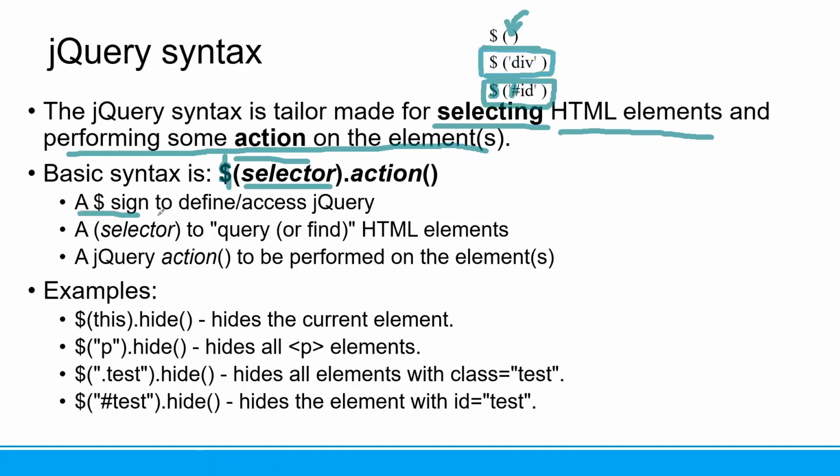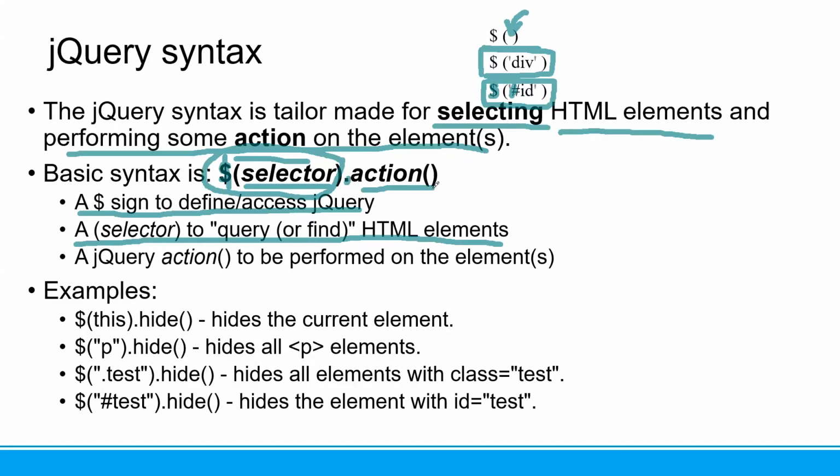A $ sign is to define or access jQuery, and then a selector to query or find the HTML elements. And after the selector, we can put dot action.